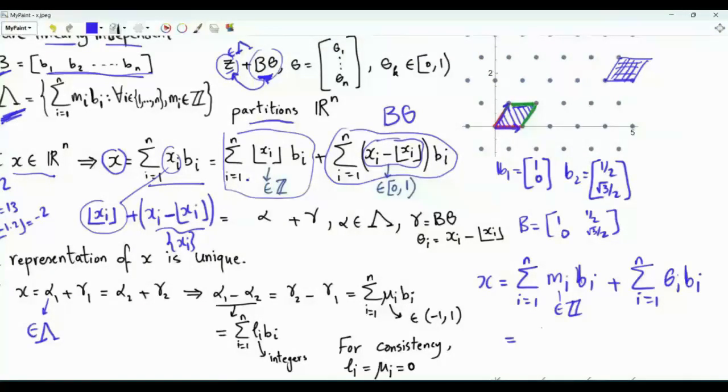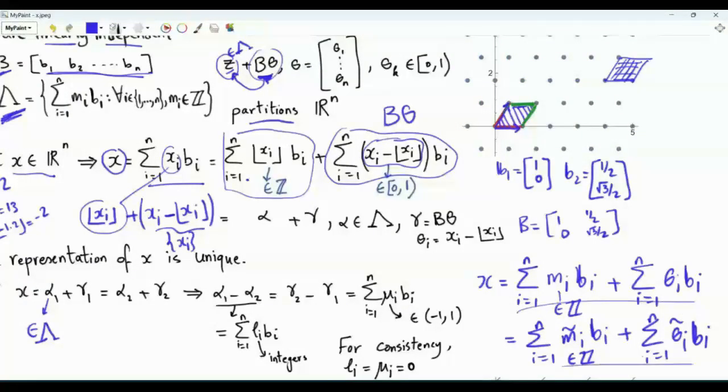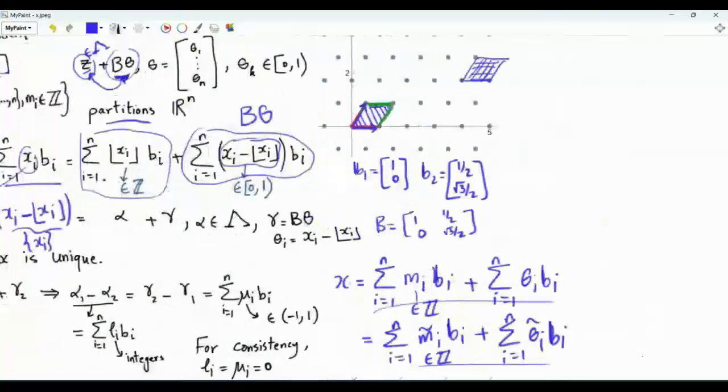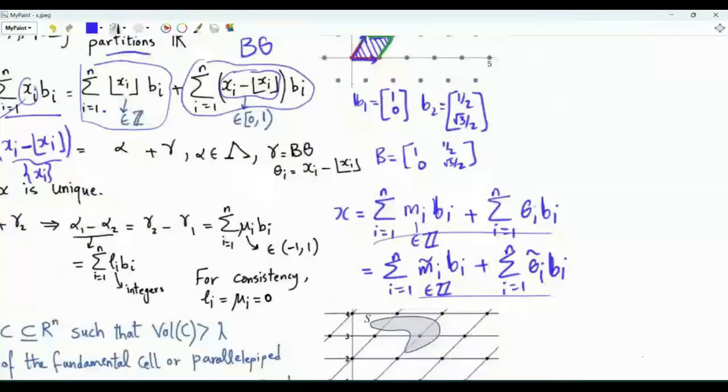And also, x can be written as summation i from 1 to n, mi tilde, again integers, bi, plus summation i from 1 to n, theta i tilde bi. Suppose that these two are representations of x using the lattice big lambda.